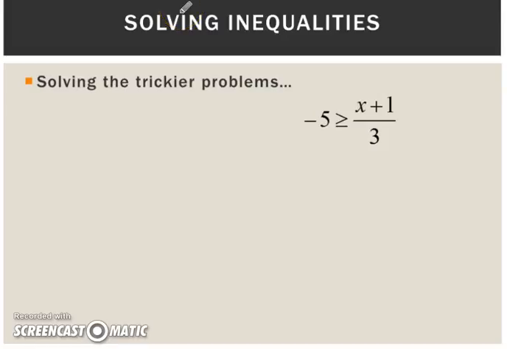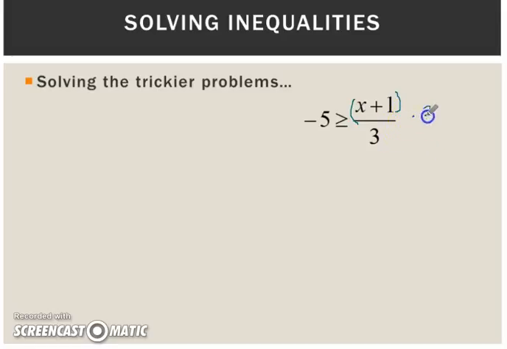And a couple examples with the trickier problems. Just remember you're trying to work to get x by itself. So if you think of this one as being x plus 1 all divided by 3, the opposite of dividing by 3 for your last step would be to multiply by 3.